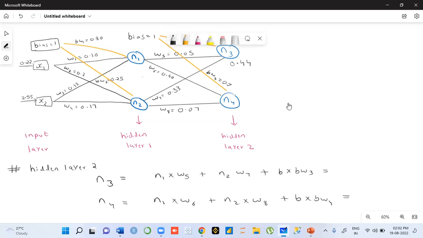N4 is how much? 1 point. N2 is how much? 0.7275. So can you take 0.73? 0.73.